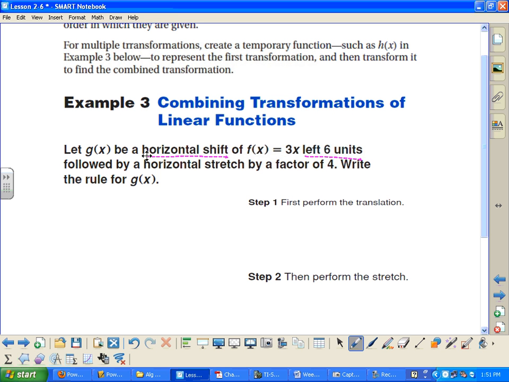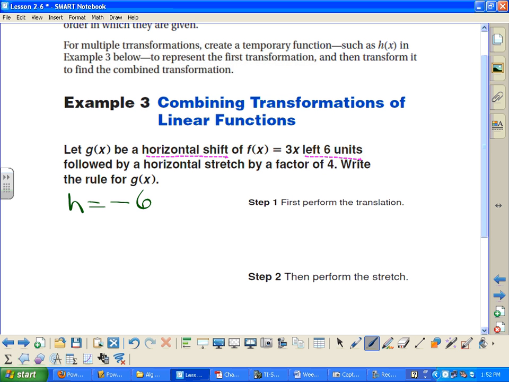All right, which one is it? It says horizontal shift. Okay, horizontal shift is a change in H. So if we're moving to the left, that means that H is equal to negative 6. Moving to the left is negative, moving to the right is positive.